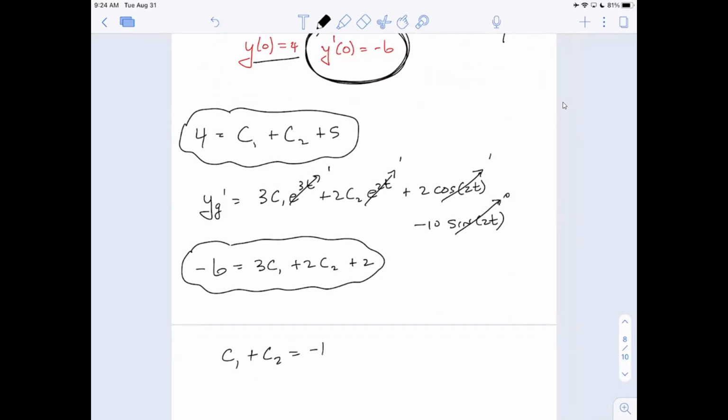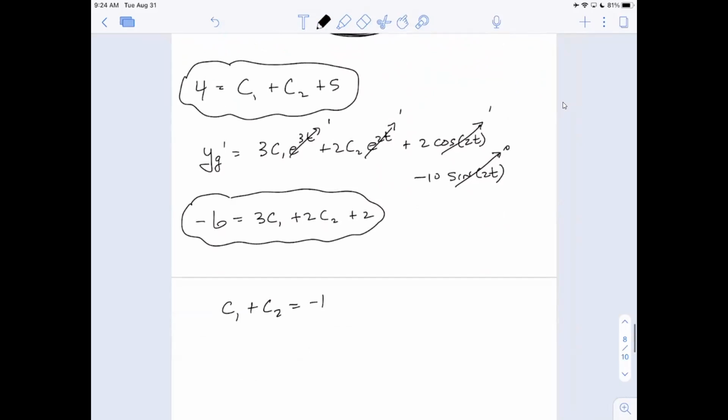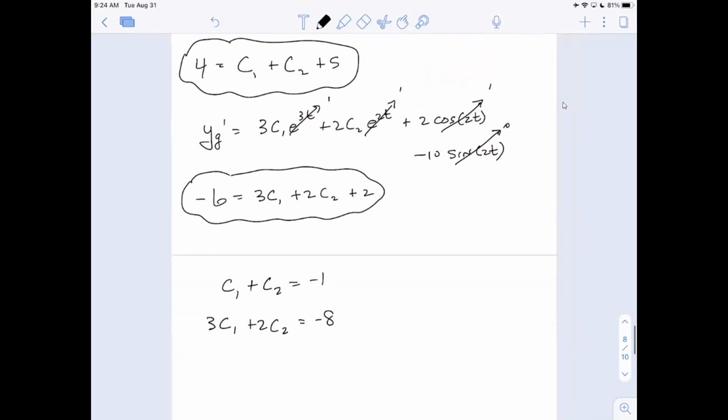Subtract the 5 over to the other side. Subtract 2 over to the other side. And I'm just going to multiply by 2, but I'm going to subtract this time because I think I can survive that. 2c2 minus 3c1 would be minus c1, -2 minus a -8.